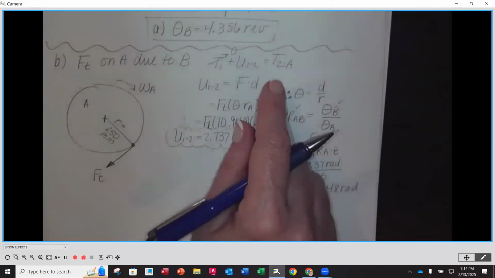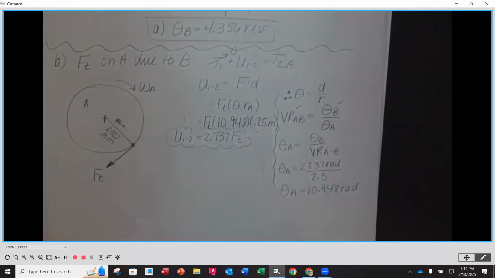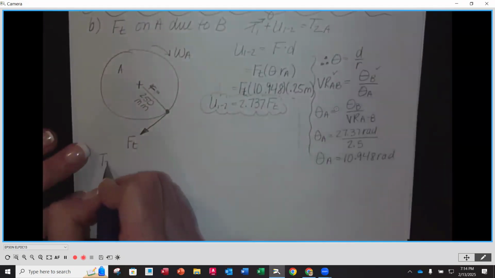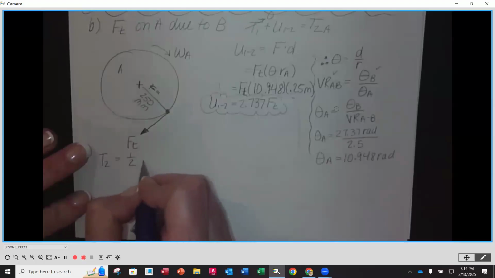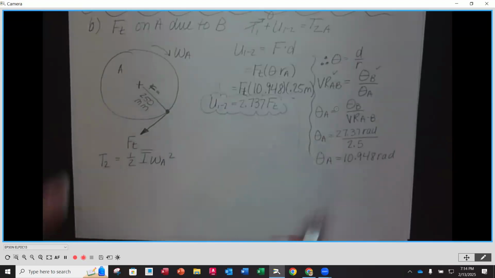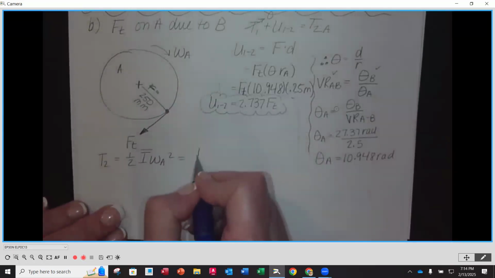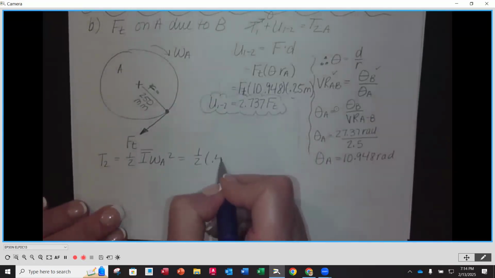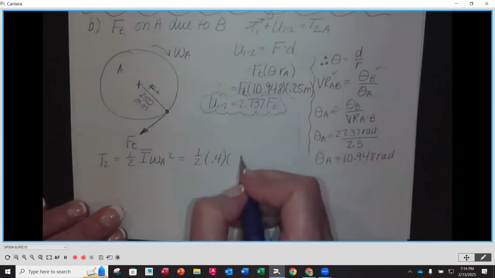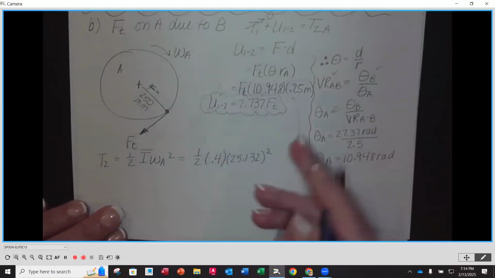Now we've got to do the T2. Our T2 is going to be equal to 1/2 I omega A squared, because we were just worrying about gear A right here. That's going to be equal to 1/2 times 0.4 moment of inertia, and we know omega A to be 25.132 squared.